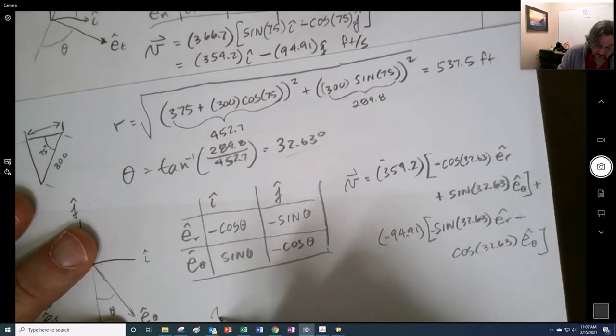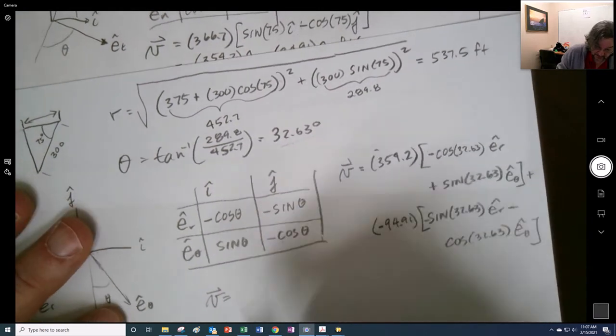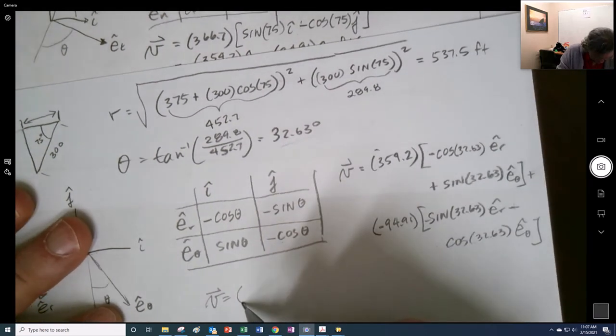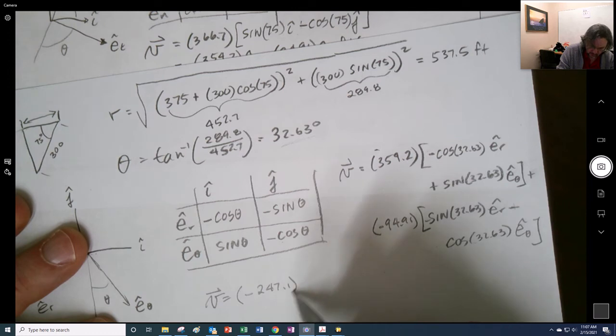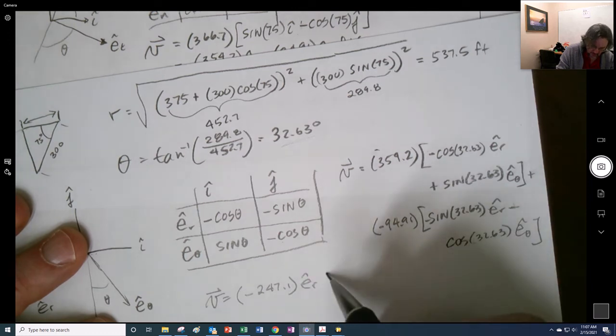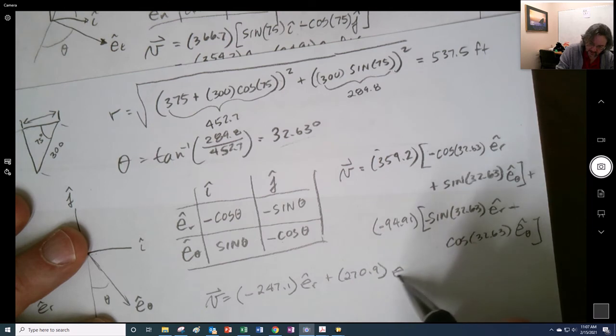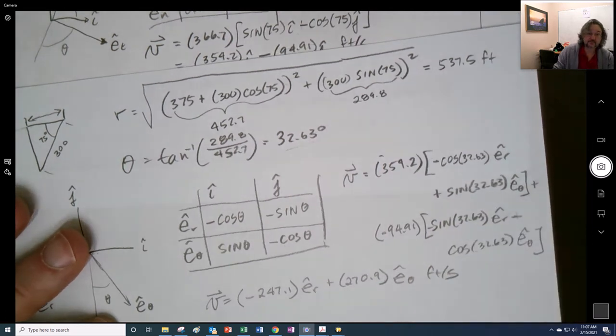So the velocity right here, now in these coordinates, is going to be negative 247.1 ER plus 270.9 E theta feet per second.